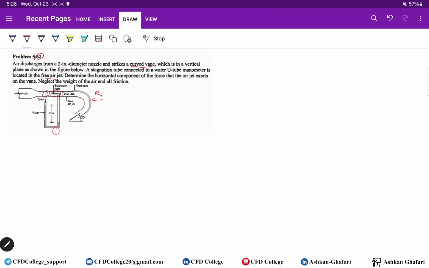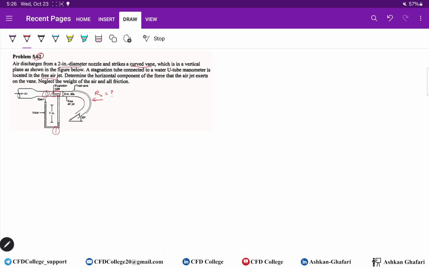So we want to find Rx. We have this air jet. This is the vane. We have this stagnation tube. And we want to find the force. As you know, since we have a fluid flow and we want to find the force, we should use the linear momentum equation.